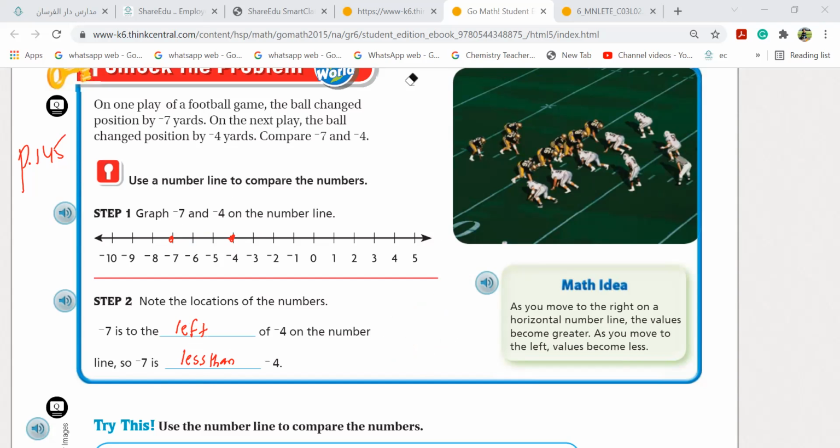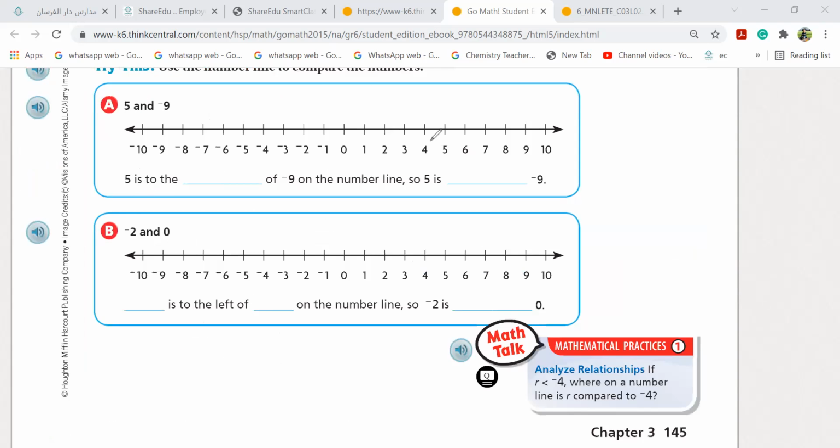Finished, girls, everyone? Now we will quickly try this. We can just finish this lesson in 10 minutes. It's so simple. Positive 5 is to the right side. Do you agree?